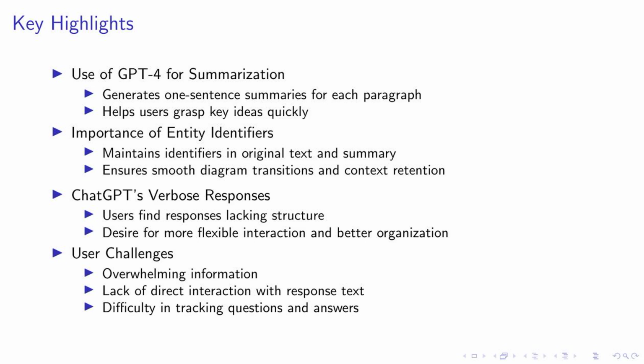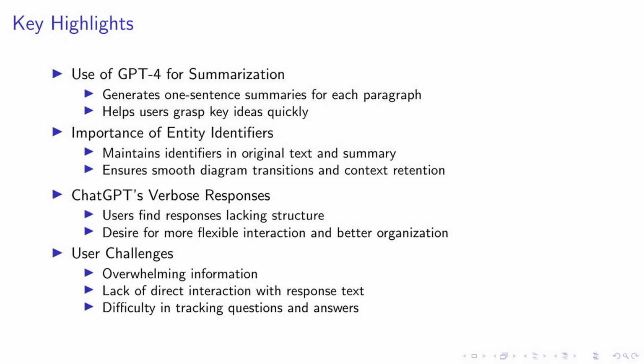However, we also identified challenges with ChatGPT's responses. Users reported that these responses were verbose and lacked structure, leading to a desire for more flexible interaction and better organization. Furthermore, users faced difficulties due to the overwhelming amount of information, the lack of direct interaction with the response text, and challenges in tracking the flow of questions and answers.